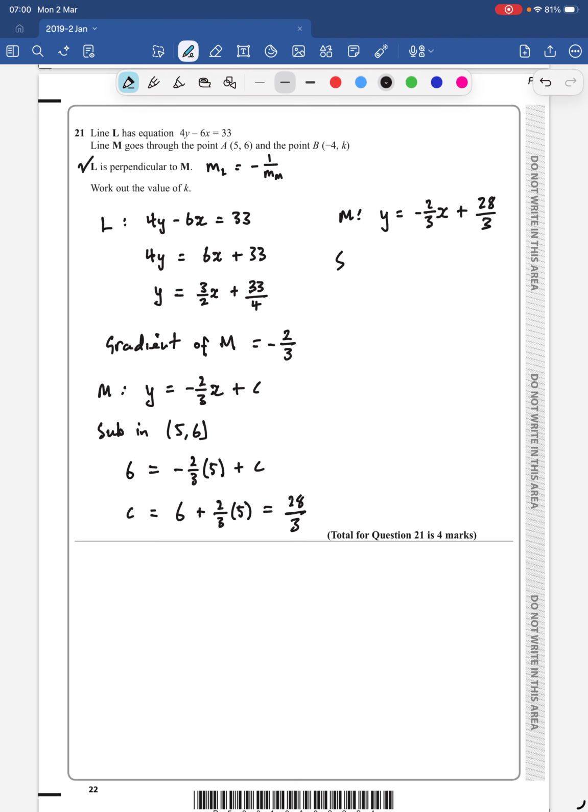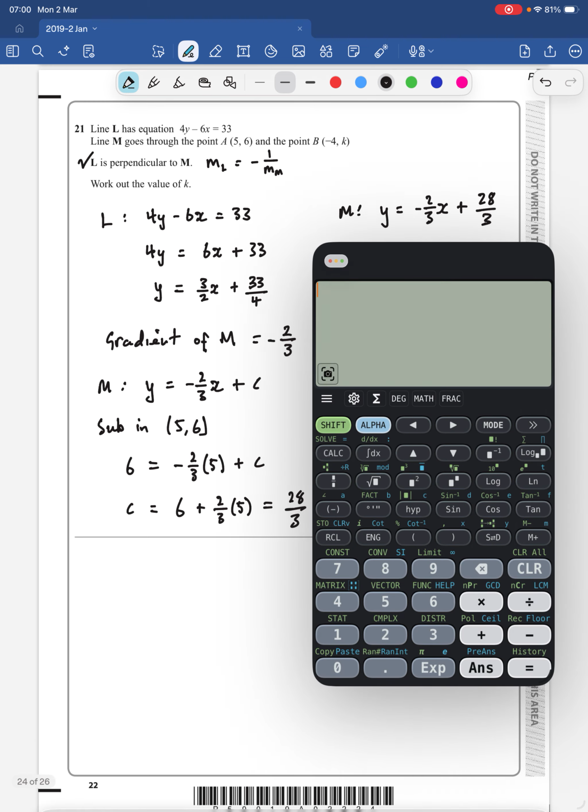And I can sub in x equals minus 4 from here, and that'll help me find y. So y equals minus 2/3 of minus 4 plus 28 over 3. That I will put in my calculator.